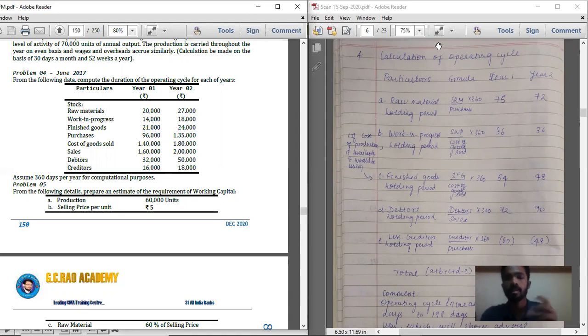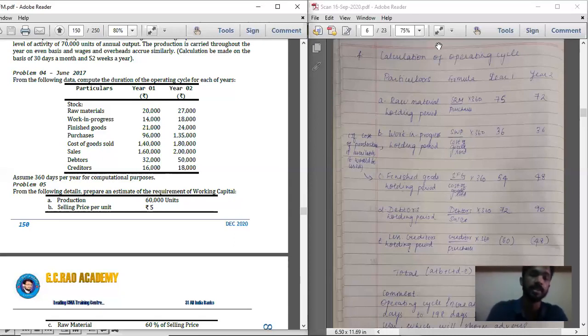The third phase is selling the finished goods to customers, that is, the conversion of finished goods into debtors through sales. You will sell the product, so the value in finished goods will be converted into the value of debtors.